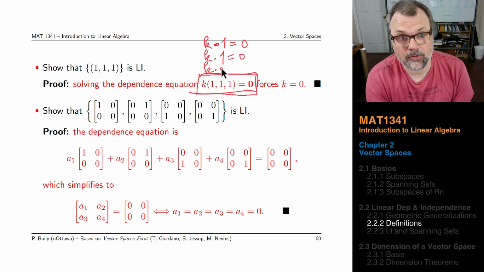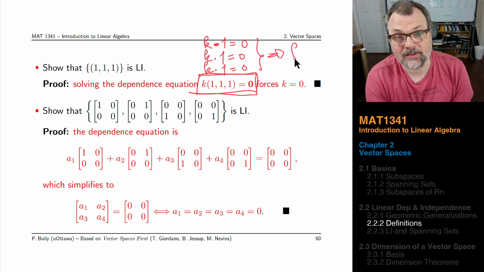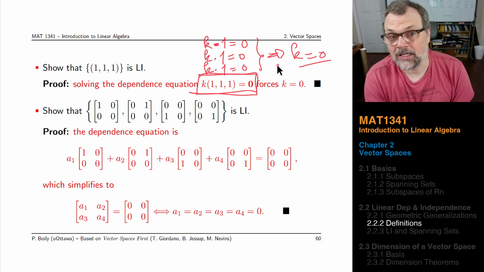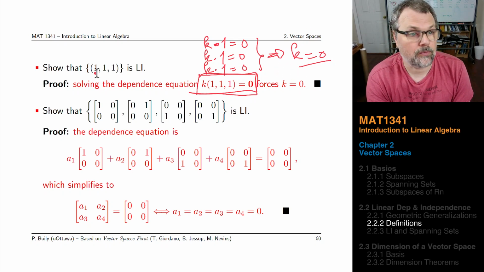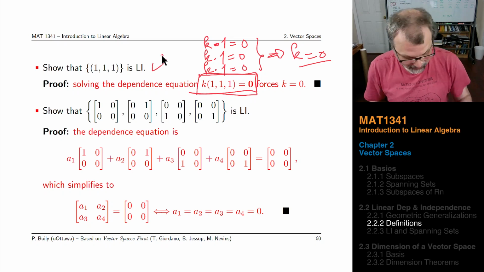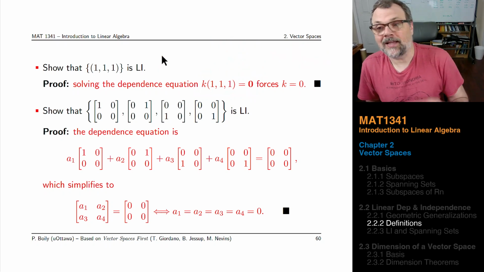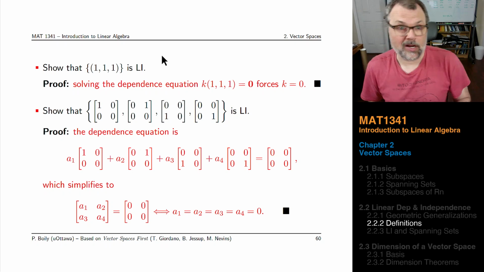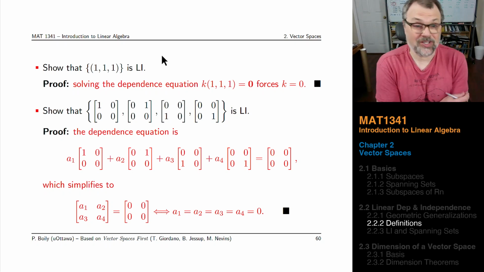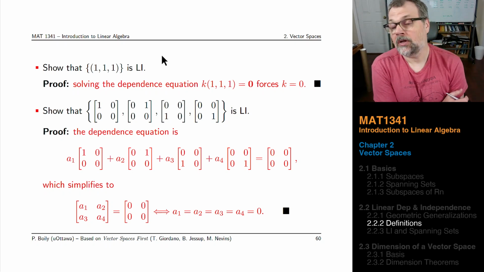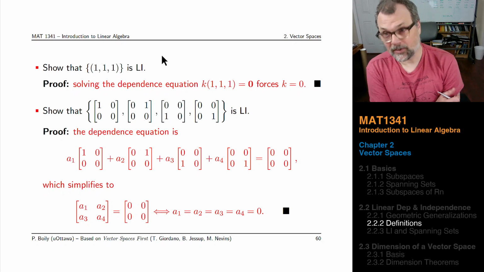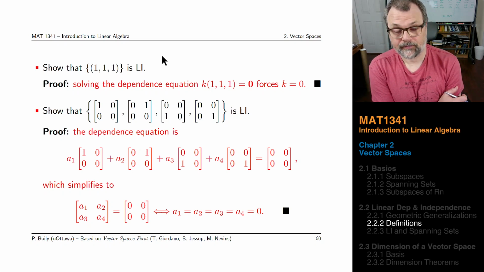And for the third one, we have k times 1 equals 0. The only way this can happen is if k is equal to 0. There's only one solution. It's unique. It's the trivial solution. So the set is linearly independent. Any set that contains only one vector, assuming that the vector in question is not the 0 vector, is automatically linearly independent.